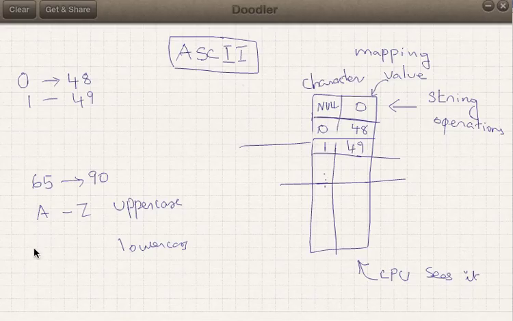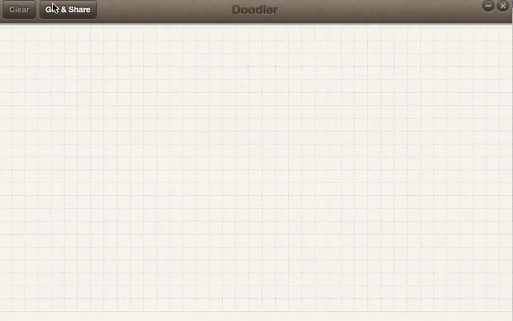So you have all that, lowercase a to z, from 97 to 122. So these are the key values that you might want to know all the time.